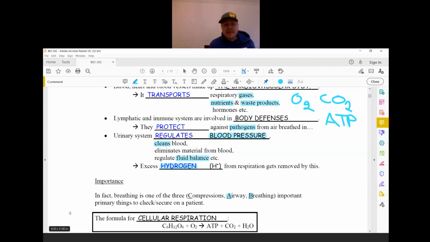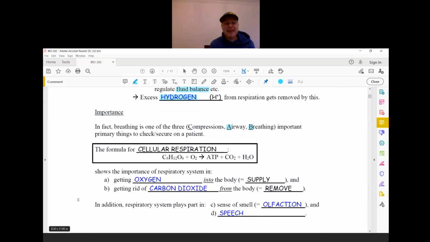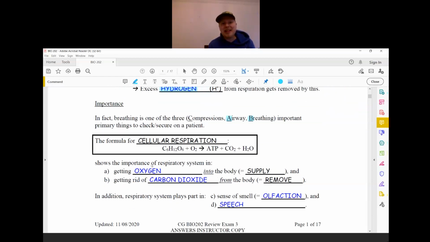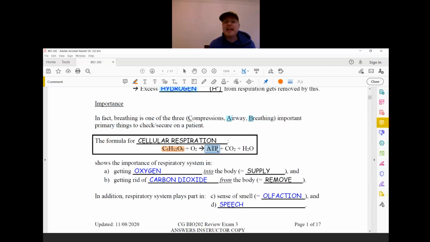Why is the respiratory system important? This all goes back to cellular respiration, as we recall. So in cellular respiration, we take sugars, and we change those sugars into ATP, which was the energy currency of the cells.